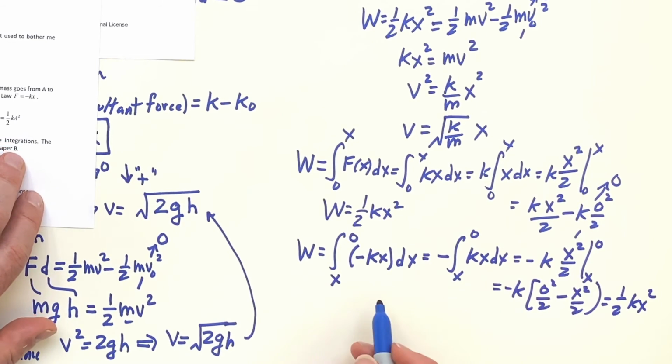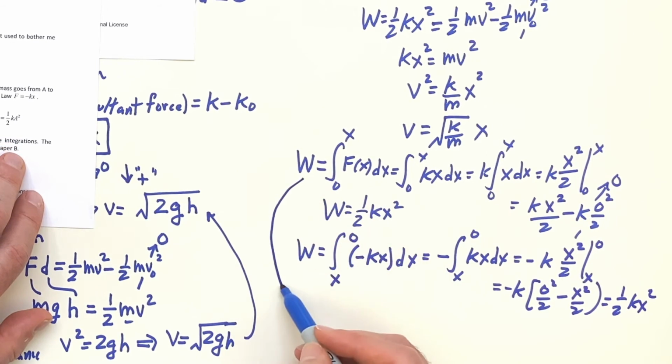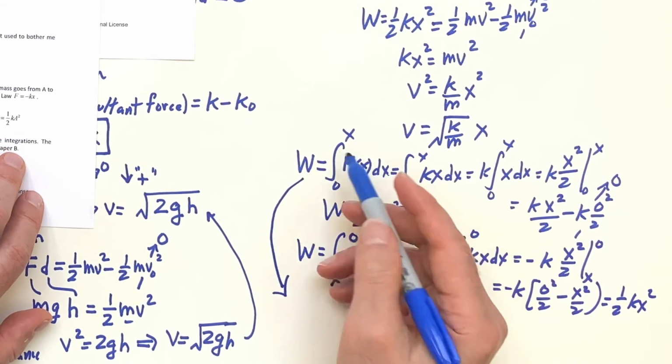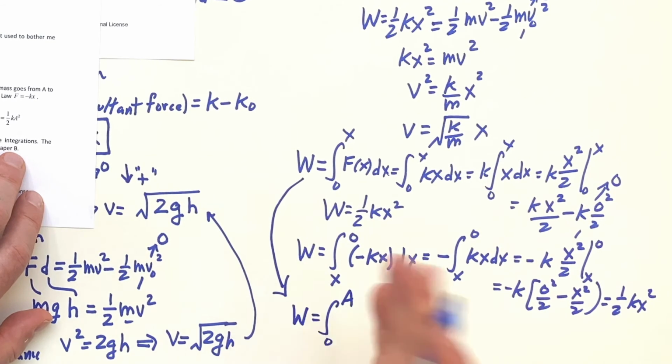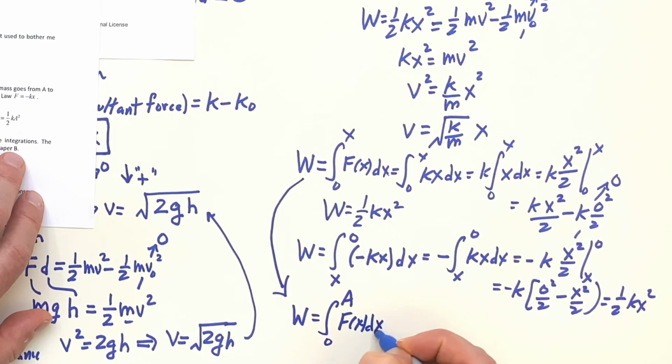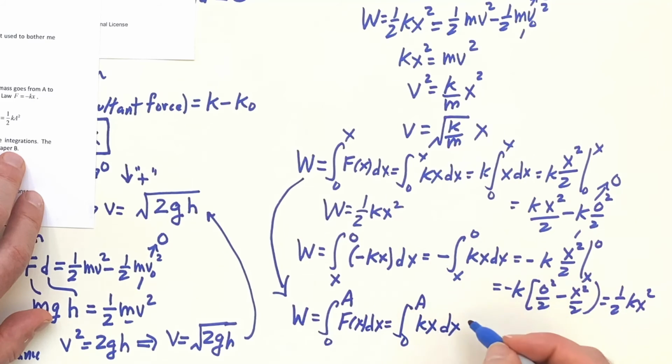Now, if using x and x bothers you, it did bother me. What we do to fix that is just go to some capital A instead. If we do that, we go from 0 to A of kx dx. We're going to do this one over again here.